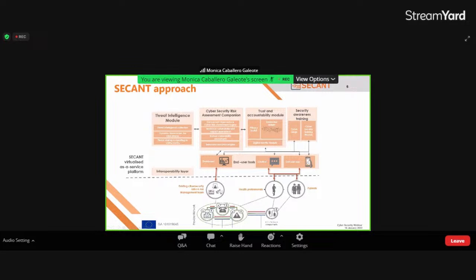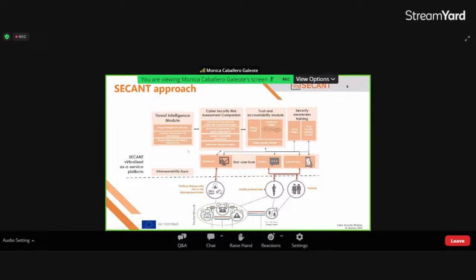We have the health professionals and the patients that provide info to the devices or directly to the network, since they access different kinds of systems. Those are one of our users. On the other hand, we have the existing cybersecurity infrastructure and risk management team in the different healthcare organizations.